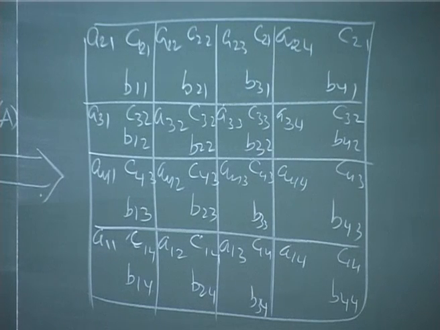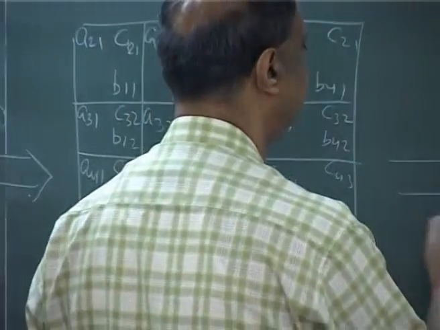Right? So you can again add the C elements and move the data into the appropriate positions in order n time. In the next step, again you rotate up A.